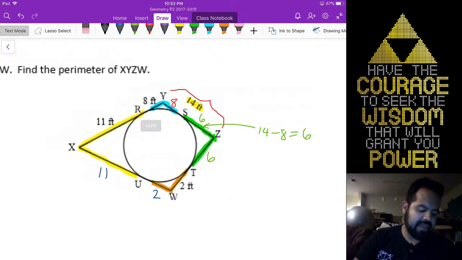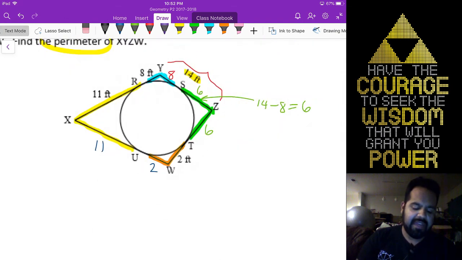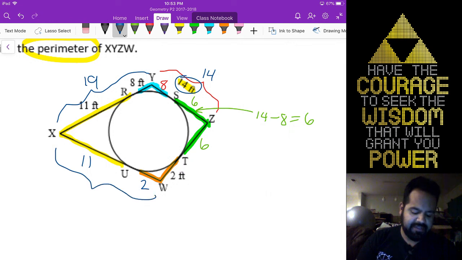And so again, going back to the problem, what am I finding? I'm finding the perimeter. So I'm going to add up all my side lengths. Now the 14 that's up there is still what I need, so that's my 14. 11 plus 8 is 19. 11 plus 2 is 13. And 6 plus 2 is 8.